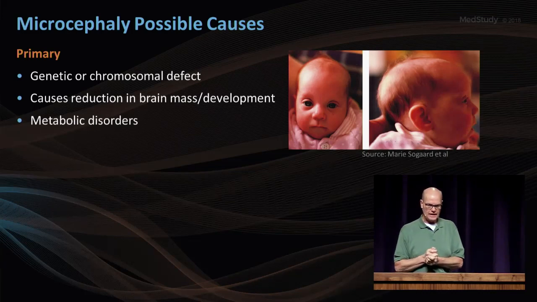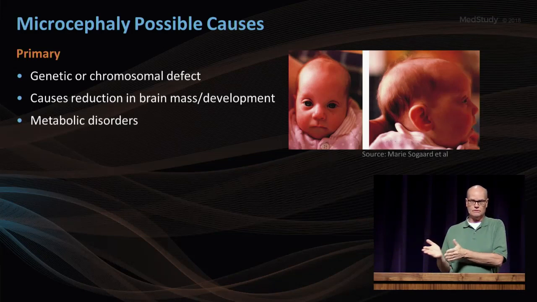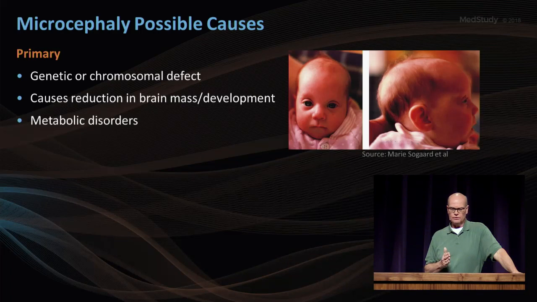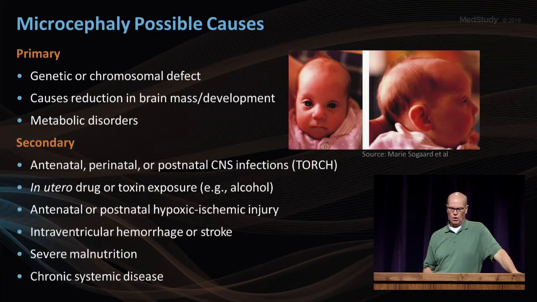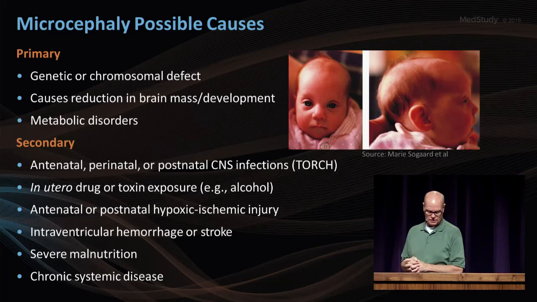So a microcephalic child, this is why you need to know what the average head circumference is of a newborn, again, 37.5 centimeters. A microcephalic child is microcephalic due to genetic or chromosomal abnormalities, a reduction in brain mass and or development, various metabolic disorders, or the microcephaly may be due to a secondary cause.